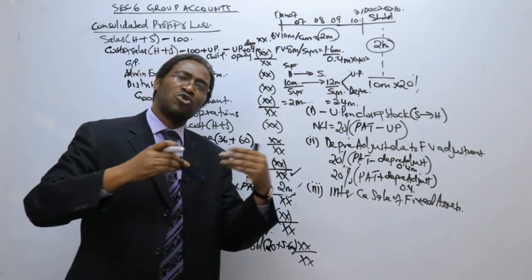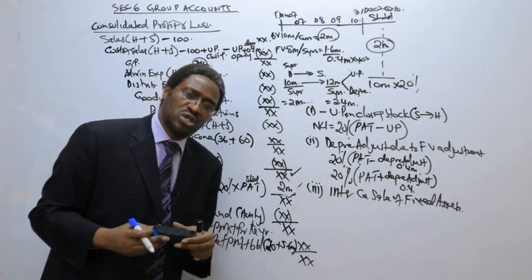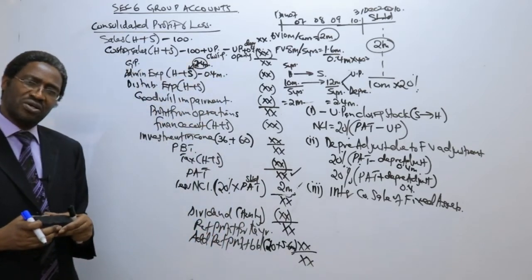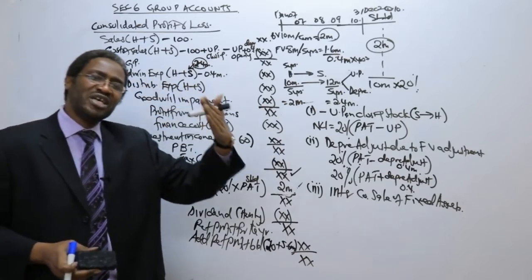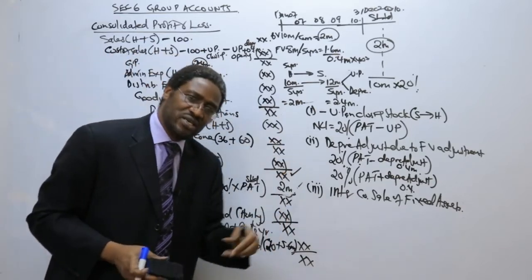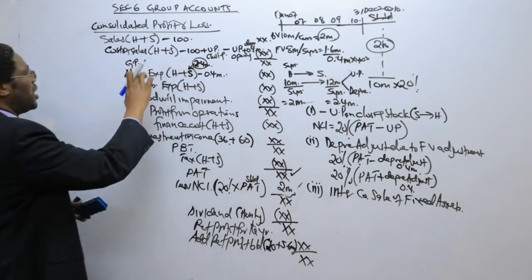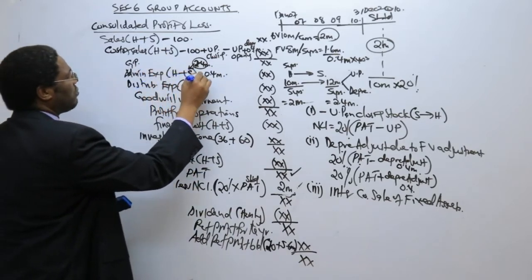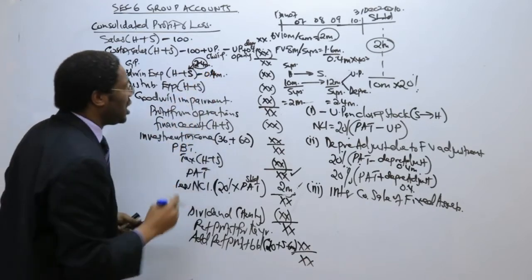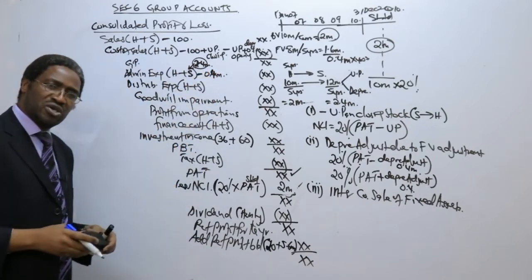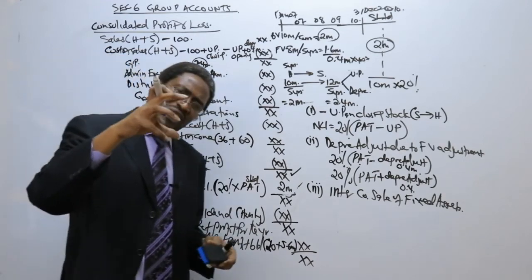But as far as the group is concerned, they should have been charging 2 million. So their admin expenses are overcasted. When determining group admin expenses, you take the admin of the holding plus the admin of the subsidiary, and you minus that overcharge, which we are assuming to be 0.4 million. But that was not my concern for now.